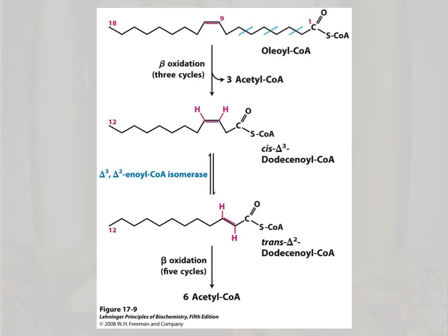Probably would be some confusion. Now, if you said 2, 3 dienoyl, then that means there are two double bonds, and chances are people would understand enough, picking it up out of the context. All right, but now it's in the correct location, so you can just go ahead and do normal beta oxidation just like before.